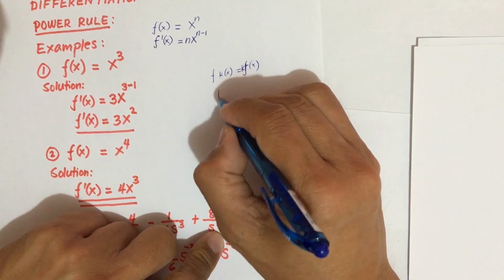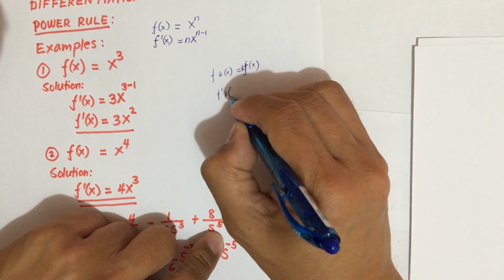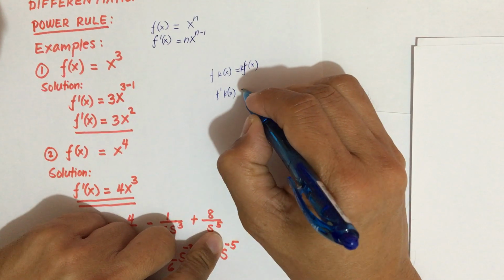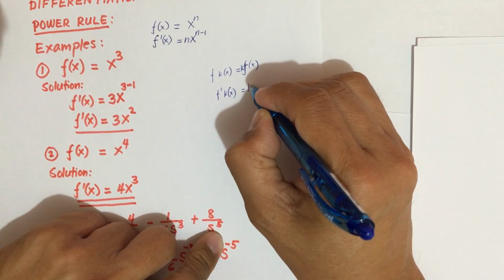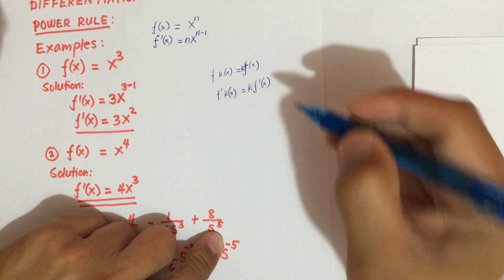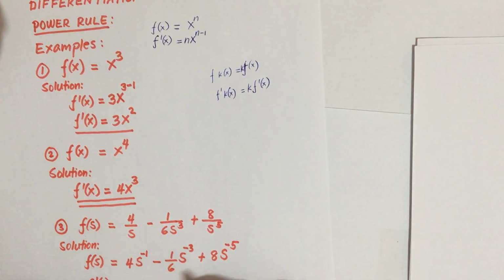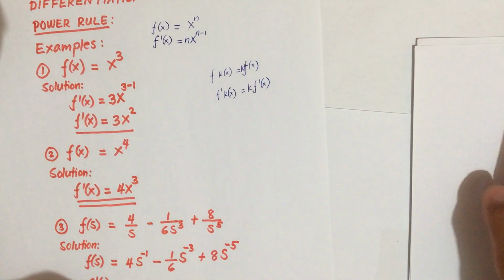So when you differentiate this, f prime of k x is equivalent to k times f prime of x. We will apply this one to some of the terms here.